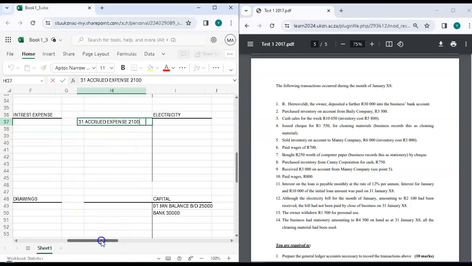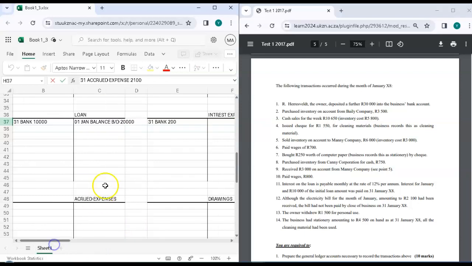Now you credit accrued expense. So where's accrued expense? Over here. Electricity is the contra, and the amount will be 2,100. Okay, so that is done.